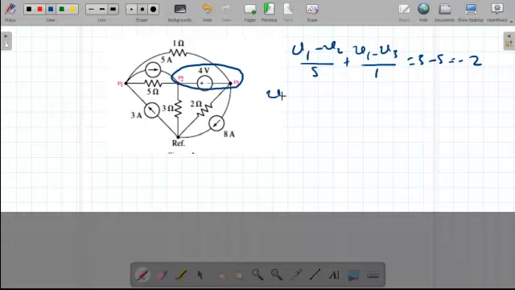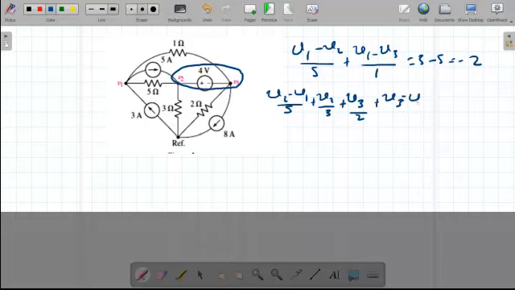So V2 minus V1 over 5, then V2 over 3, then V3 over 2, then V3 minus V1 over 1.